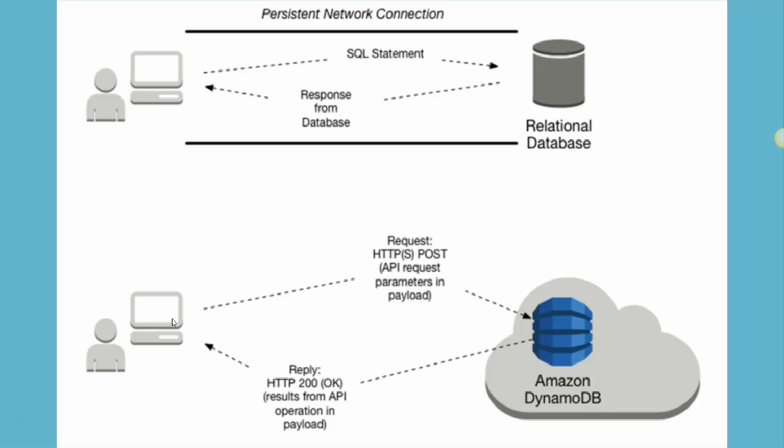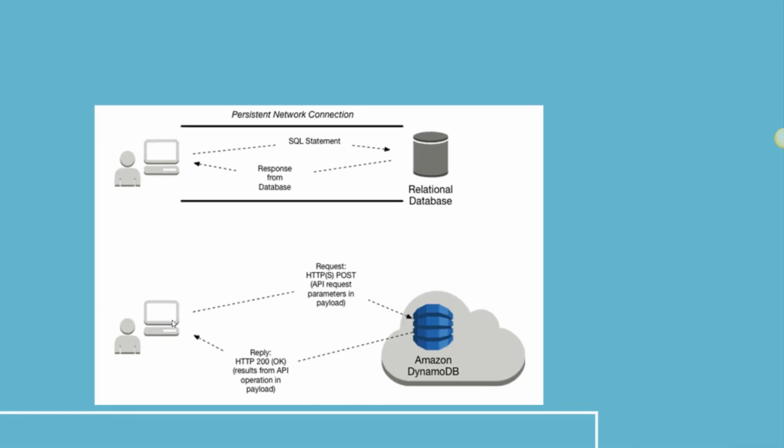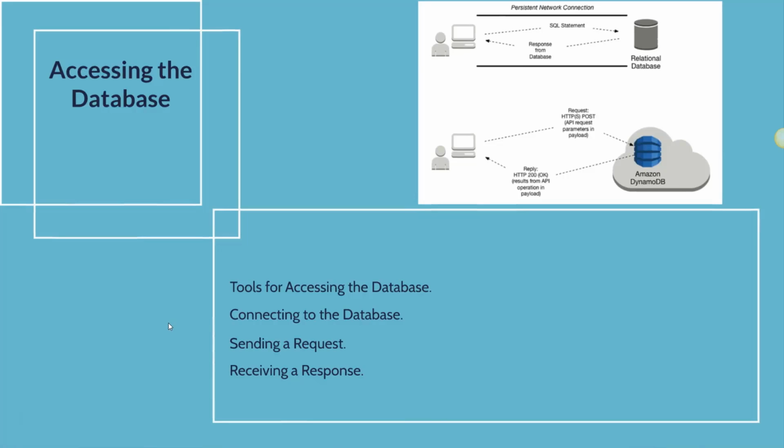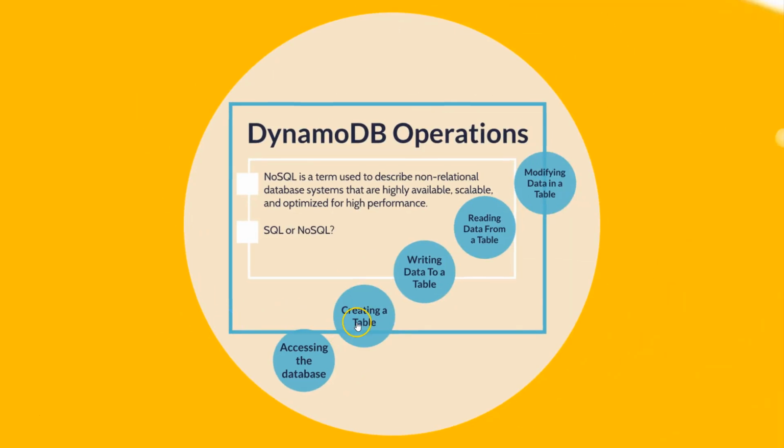If there is an error, DynamoDB returns an HTTP error status and message. So these four are the comparison points for SQL and AWS DynamoDB. We will see the other four topics in the next session.